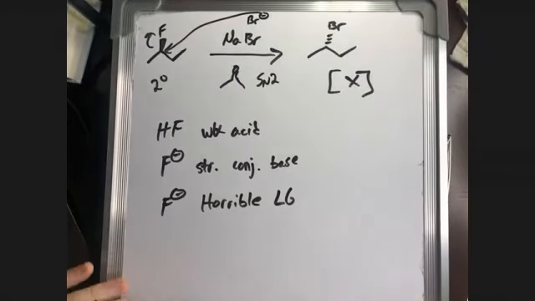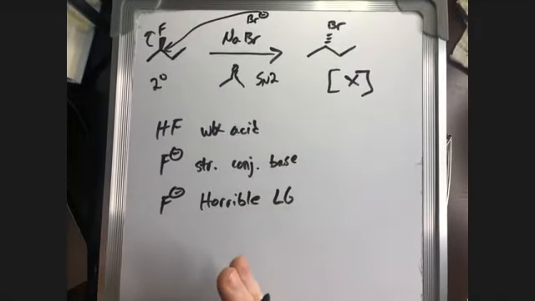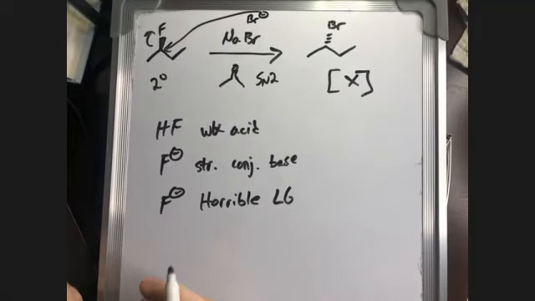So if you have a horrible leaving group, none of this stuff will happen. You're not going to get E1, you're not going to get E2, you're not going to get SN2, you're not going to get SN1, because you need the leaving group to leave. If it's a terrible leaving group, you're not going to get anything.